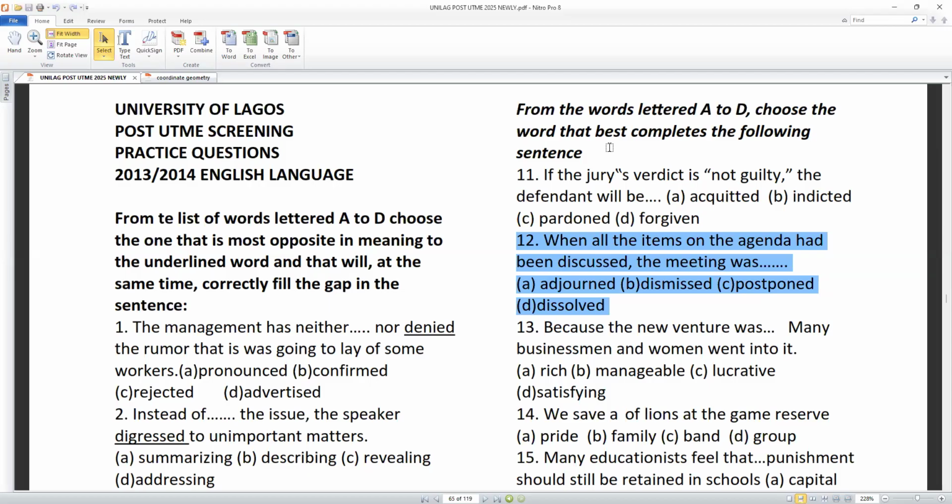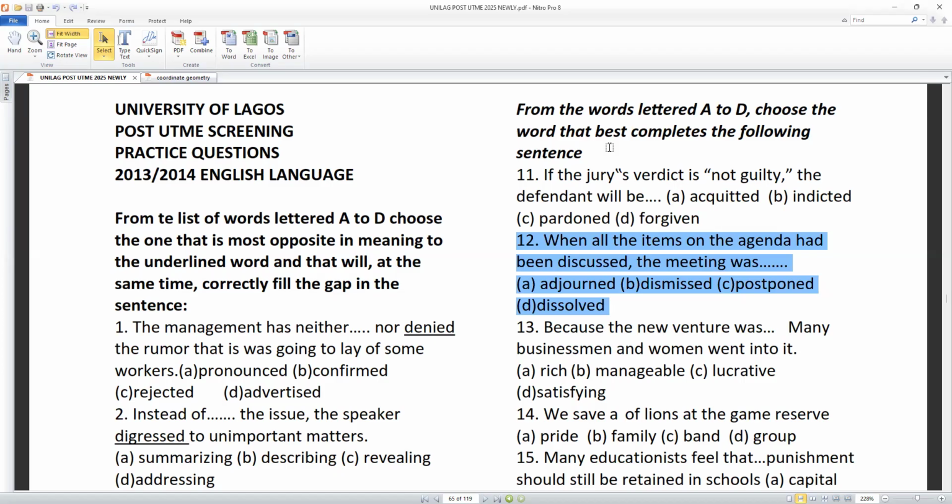You don't dismiss a meeting. You don't postpone. Of course, you can postpone a meeting, but the right choice of words that definitely suits here is adjourned. If there are natural or artificial occurrences, a meeting can be postponed.